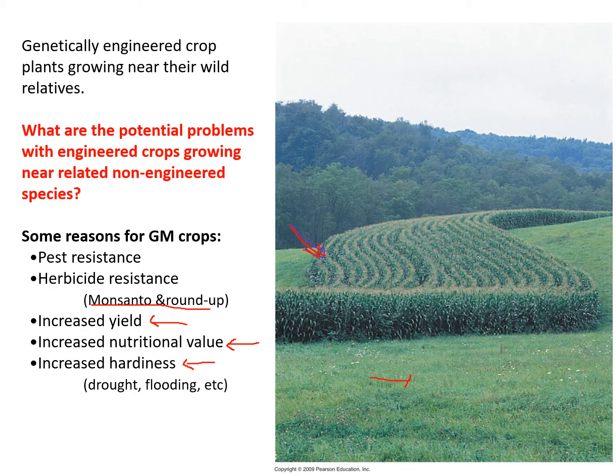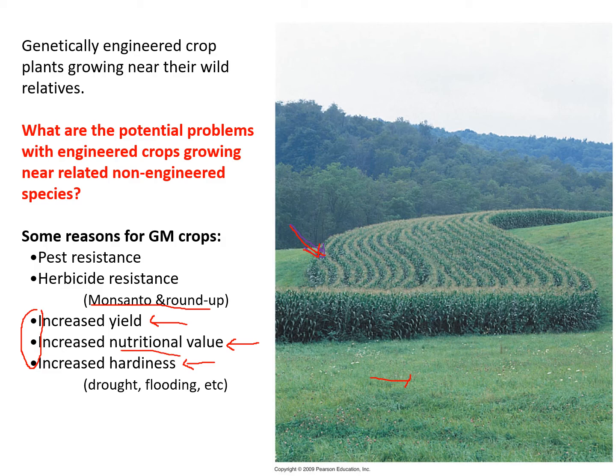This is not really a good thing to do because Roundup is toxic for the environment. So increasing yield, increasing nutrition value, increasing hardiness, these are all very worthwhile causes, and sometimes they are more important than the possible downsides of making a genetically modified organism.